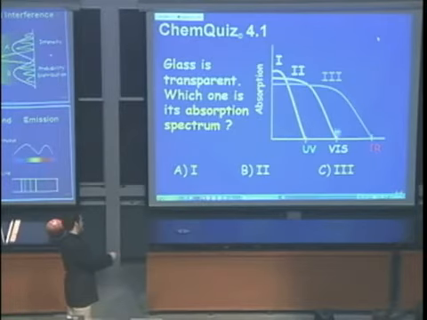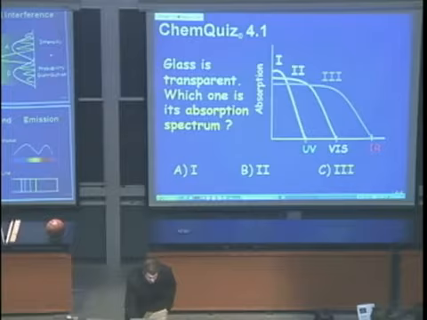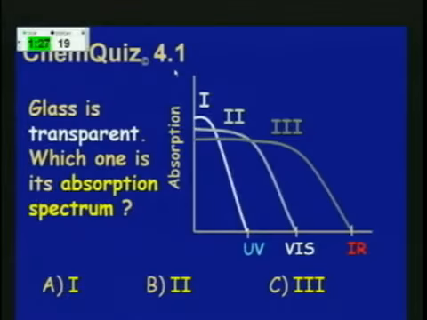UV is down here, visible is in the middle here. This is the center of the visible, but it covers this range. And then IR is up here. So this whole area in here is visible. That's UV, and that's IR. Let's talk with our neighbors. Vote again here eventually. Let's see if we can come to some sort of strong consensus.